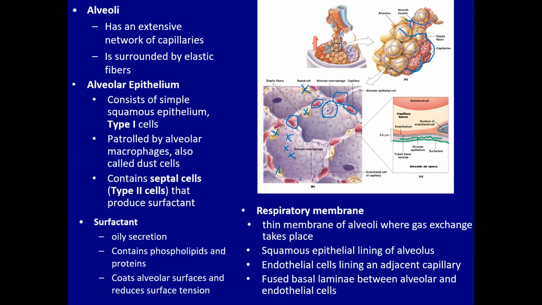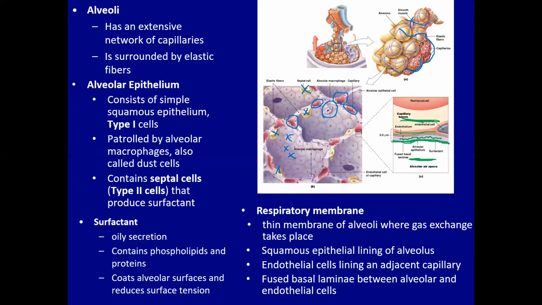Surfactant is produced by the septal cells and is a liquid that is found on the inside, right? So here's the capillary endothelium. Right, here is a red blood cell. So this is the inside of the capillary, inside of the alveolus, and here's where we find surfactant. I'm making a big deal about it because it's a big deal.